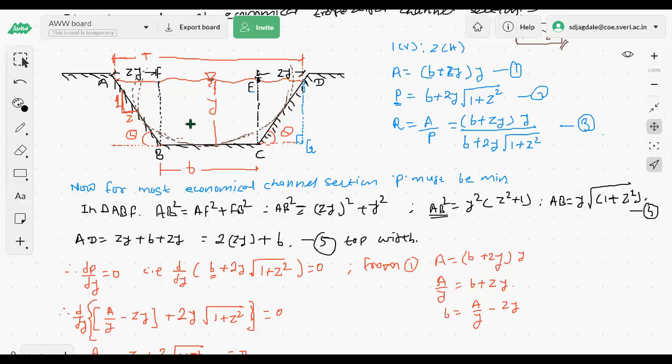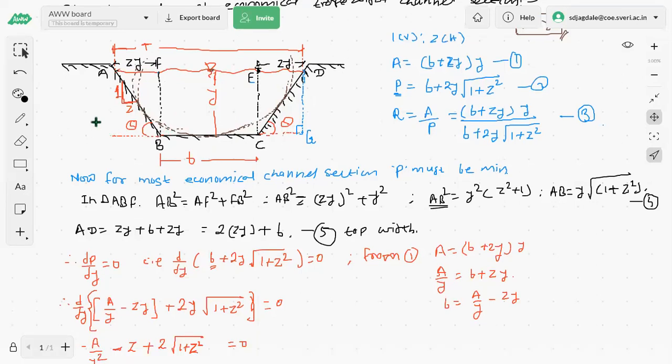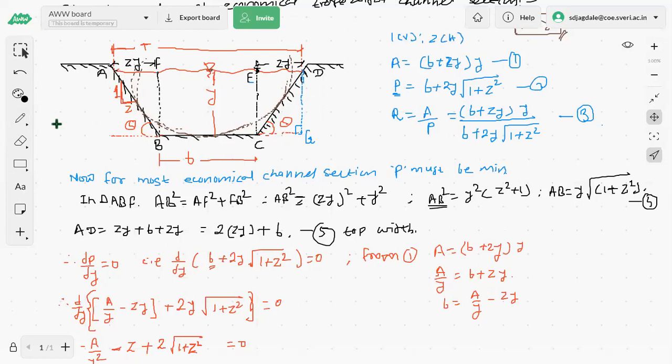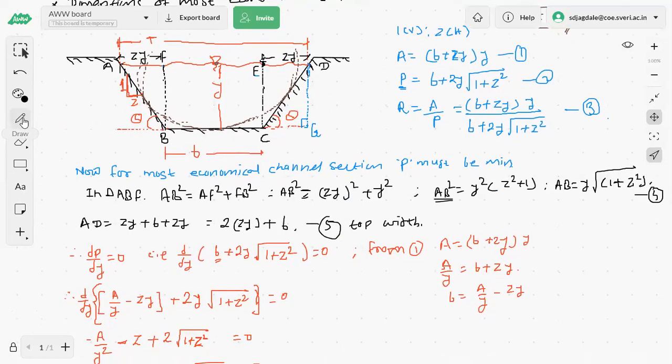Another condition which we have not derived: when this trapezoidal channel section is the most economical, then the magnitude of theta, that is the angle made by the slanting edges with respect to the horizontal, comes to be 60 degrees. For the most economical trapezoidal channel section, theta is 60 degrees, and the value of Z we get is 1 by root 3.